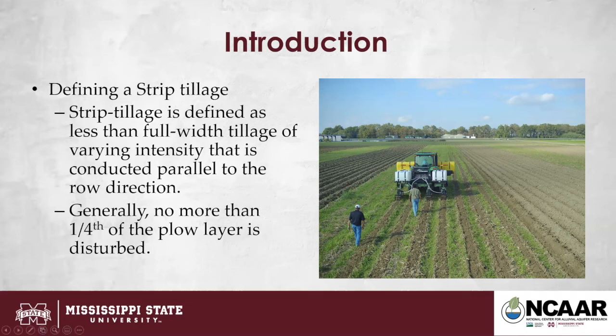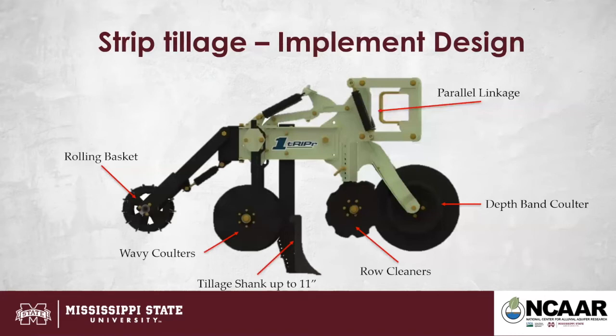The goal of strip till is to create a seedbed condition in the row that is similar to that achieved by a regular moldboard plow or regular tilling, while leaving a relatively high amount of crop residue on the interrow and soil surface to reduce erosion.